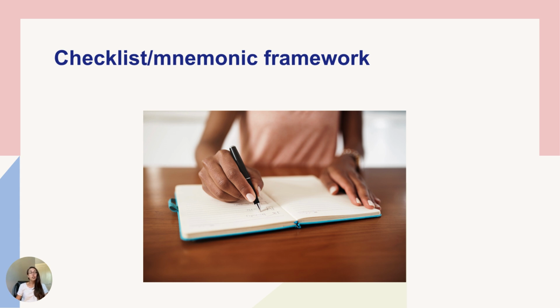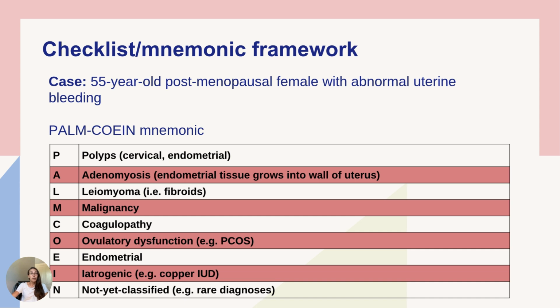And lastly, the checklist mnemonic framework, I think we're all familiar with. This is one we want to be careful with sometimes because it can certainly miss things, but the mnemonic checklist framework can easily be embedded on top of another framework that we're using for a presentation, but occasionally it can be used alone as well. A classic one is the PALM-COEIN mnemonic that is used for any female presenting with abnormal uterine bleeding.